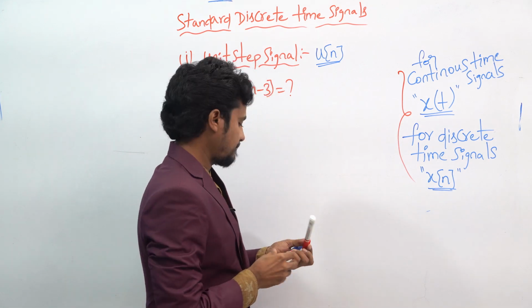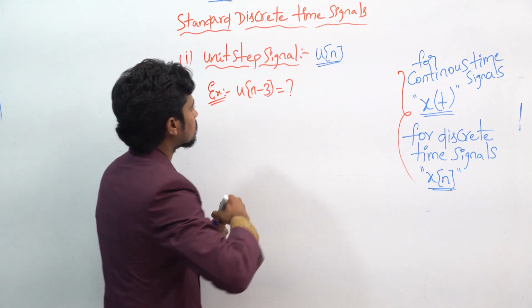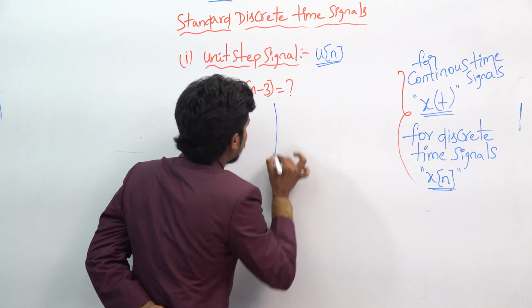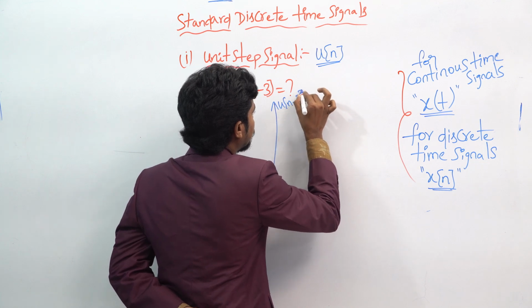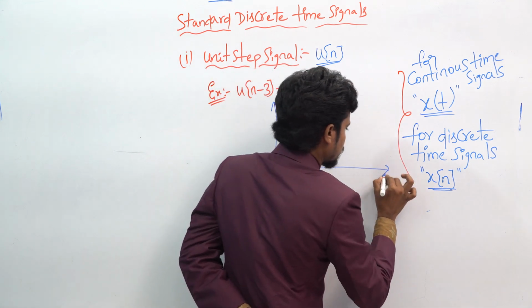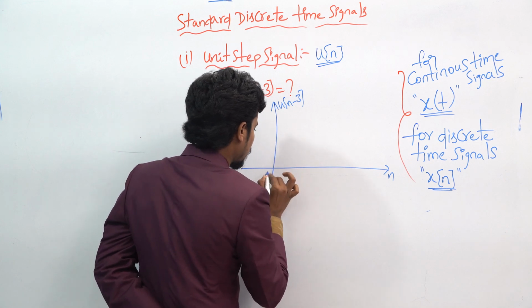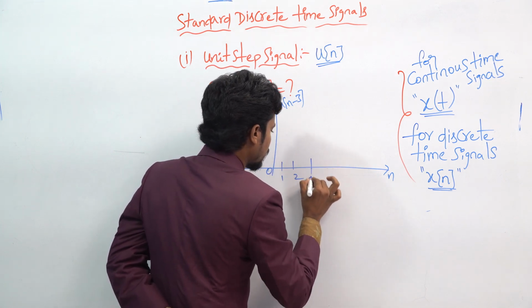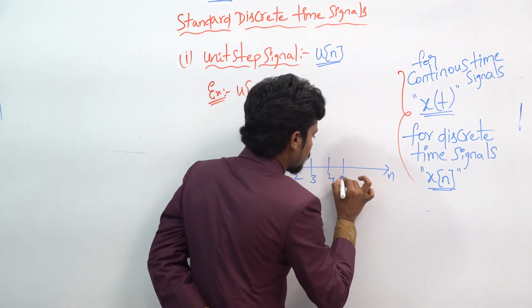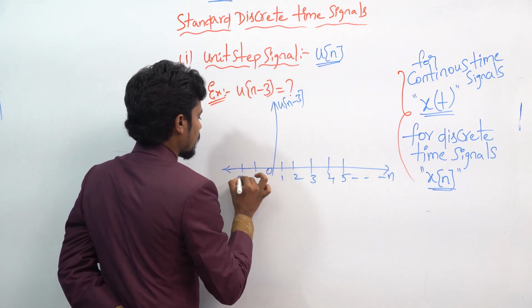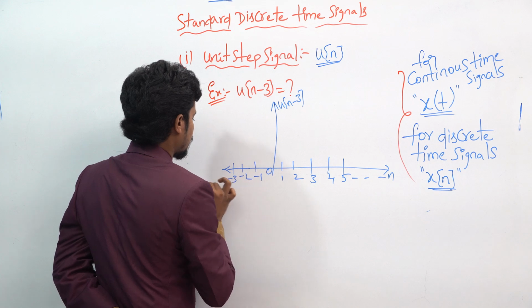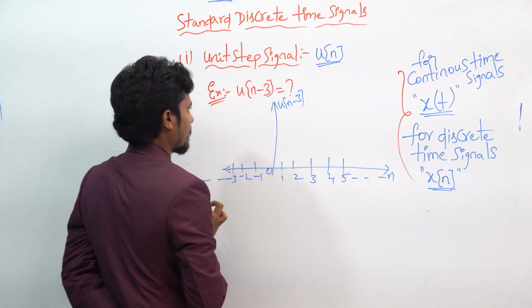Let's see. This will be the u of n minus 3. Here this is the independent variable n. Here 0, 1, 2, 3, 4, 5, and so on. Here also -1, -2, -3, and so on.